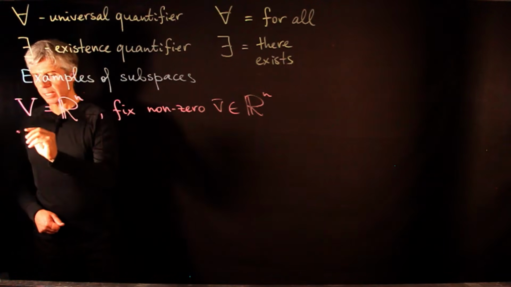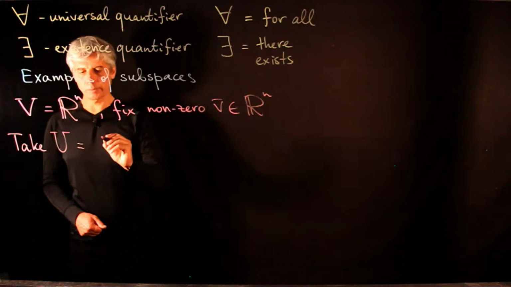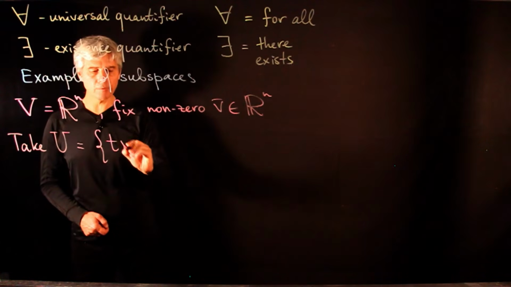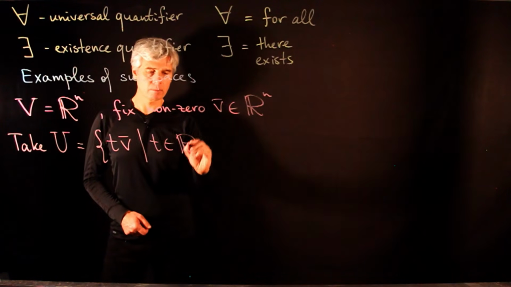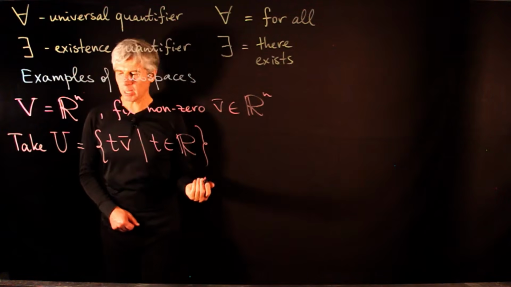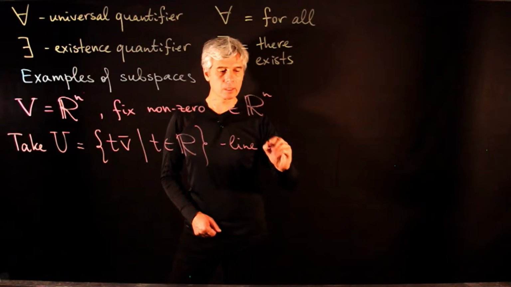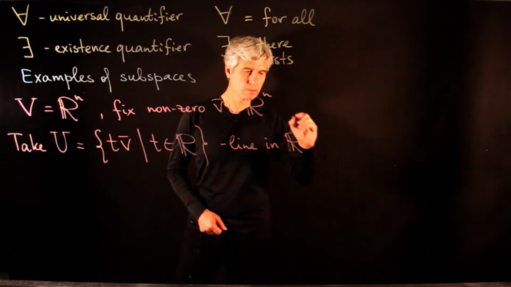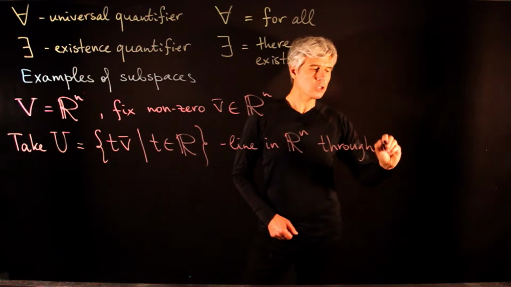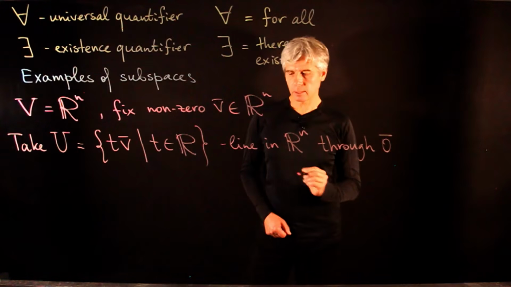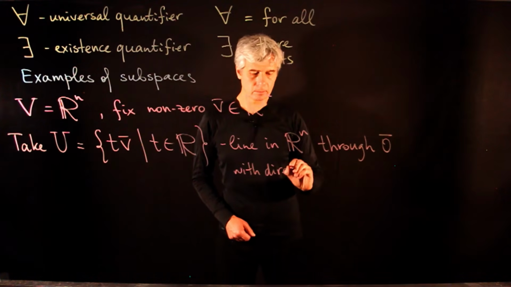And take U to be all multiples of v, so tv, where t runs over R. Geometrically, this is a line in R^n through the origin and with directing vector v.